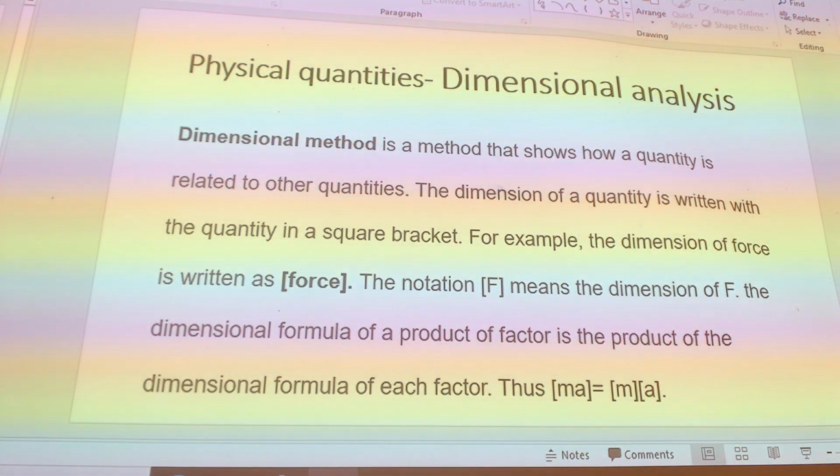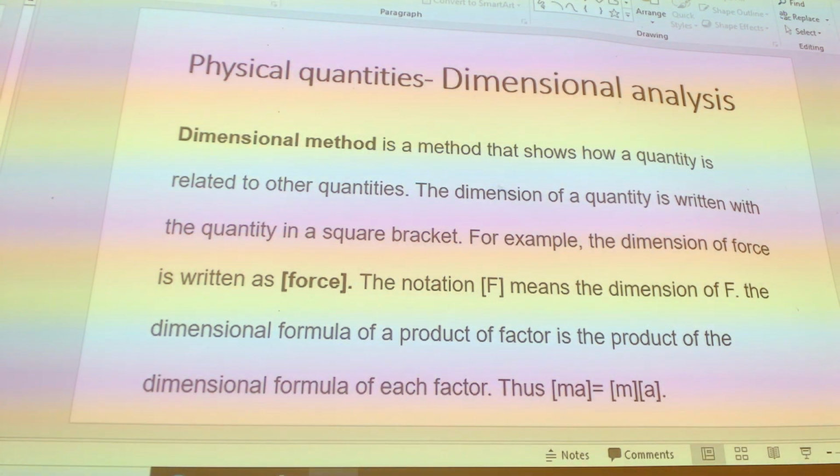But the moment we insert brackets around that word, we pronounce it as the dimension of mass. If we have velocity in a bracket, we call it the dimension of velocity. If we have density inside a bracket, we call it the dimension of density. Any word inserted in a bracket, we call the dimension of that word.